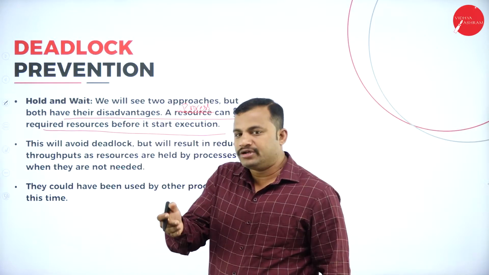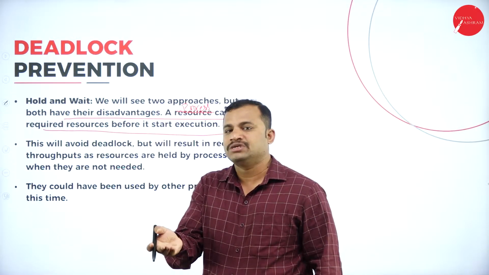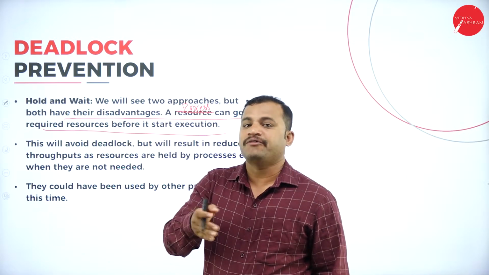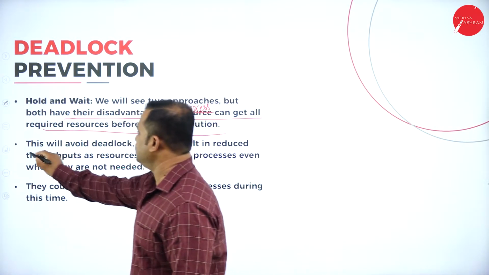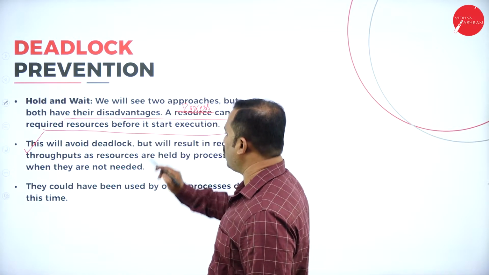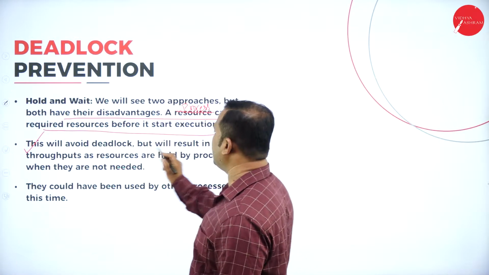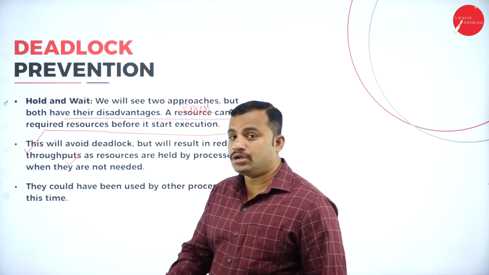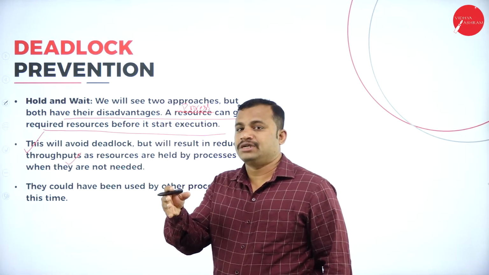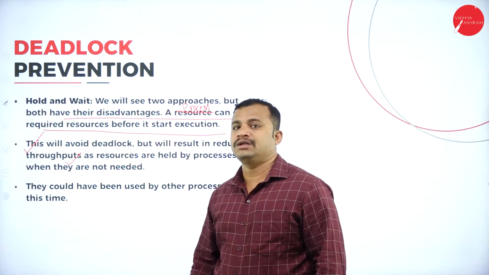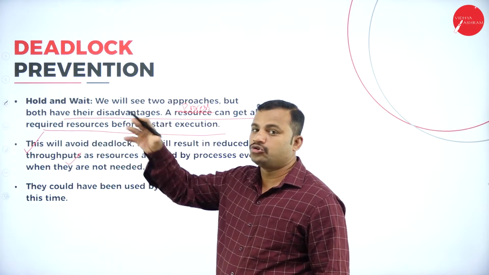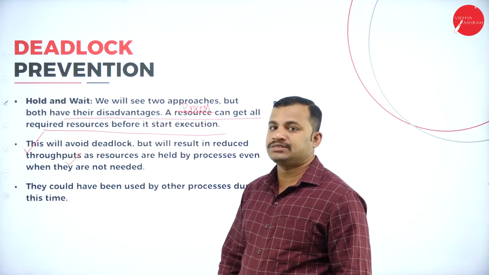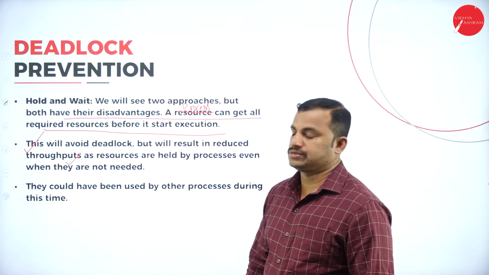That means whatever resources are required for a process can be assigned to it before the actual execution begins. This will avoid the deadlock, but will result in reduced throughput. The total time taken by the number of processes is called throughput. That affects the throughput of that program execution by the process.